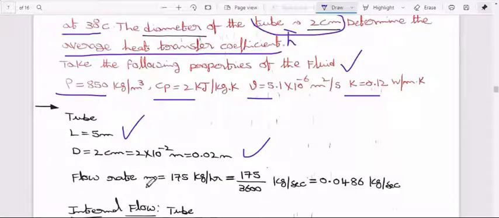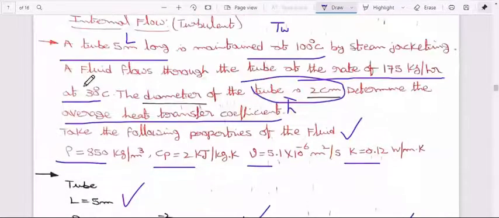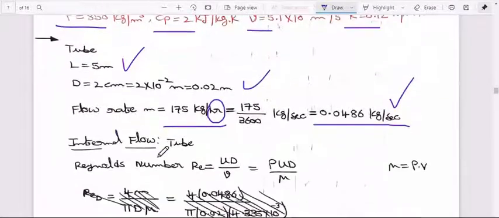So here, m is the mass flow rate, m equal to 175 kg per hour. We need to convert it into seconds. So hours means 60 into 60 seconds, that means 3600. So the flow rate value is 0.0486 kg per second.